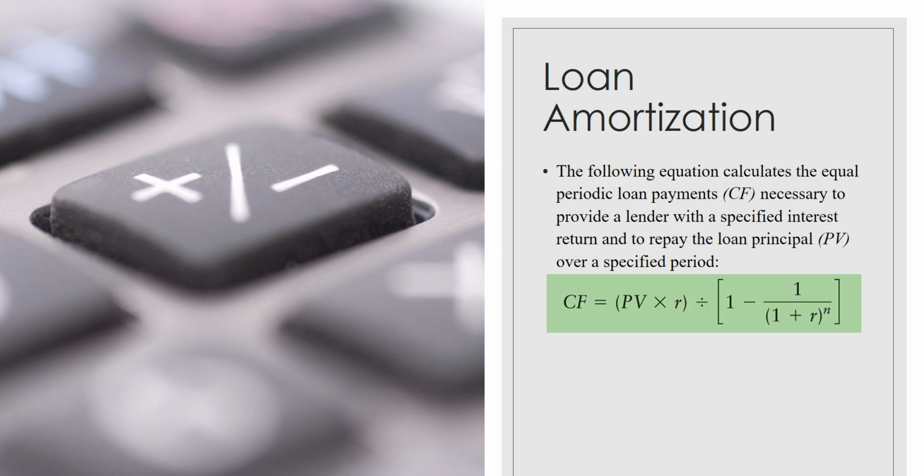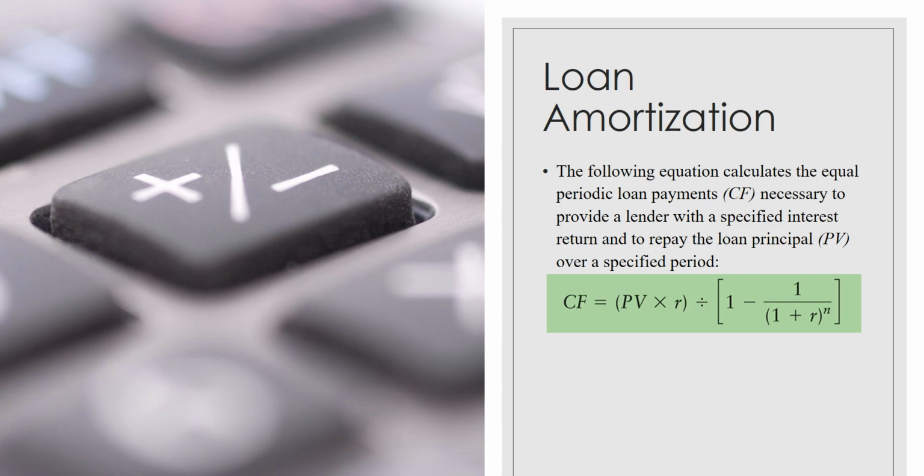Now with loans, the payments are always equal. You can expect what you're going to pay every month because they don't change. They are periodic. They're always due at the same time each month, and they're finite. At some point, this loan will be paid off and you will have no more obligations.